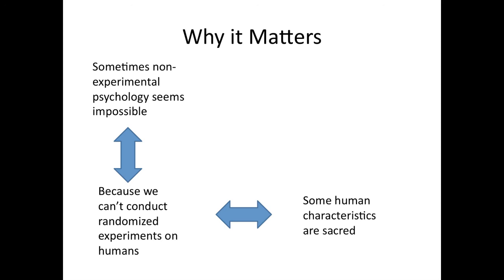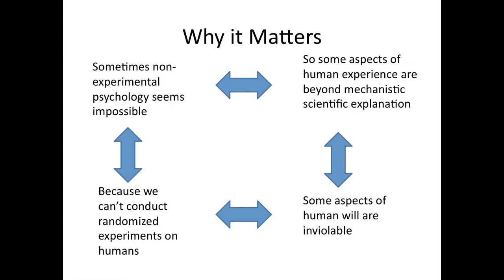That people's ability to choose their own environments, their P to E, if you want to call it that, is the characteristic of human behavior that we hold most closely. Right? So the very thing that prevents us from doing science is the aspect of human beings that we feel the most strongly about. And because of that, some aspects of human experience remain seemingly forever beyond simple mechanistic scientific explanation.